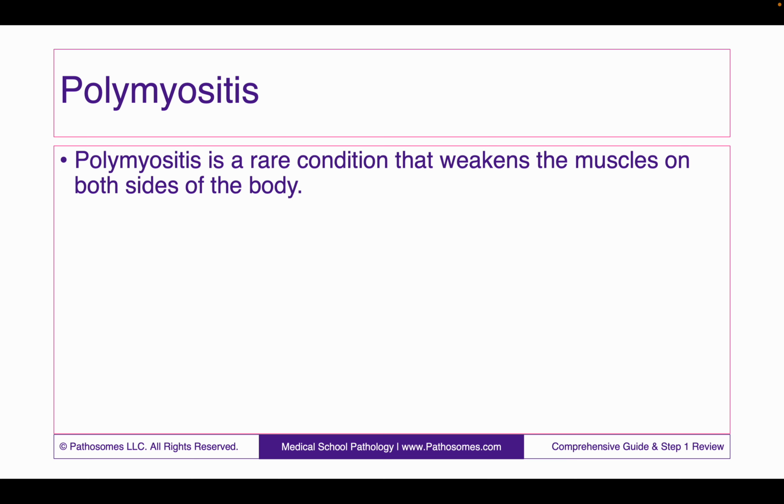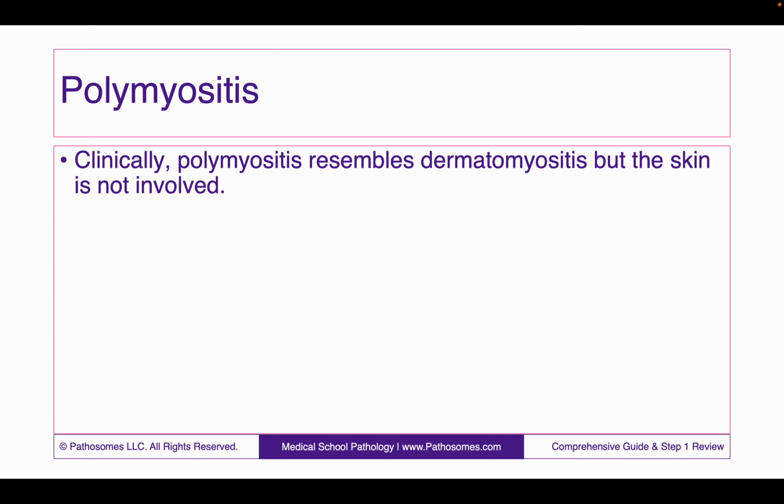Now, polymyositis is a rare condition that weakens the muscles on both sides of the body. Clinically, polymyositis resembles dermatomyositis, but the skin is not involved.